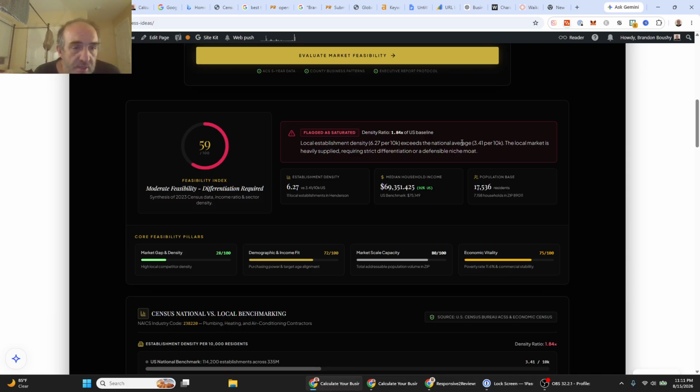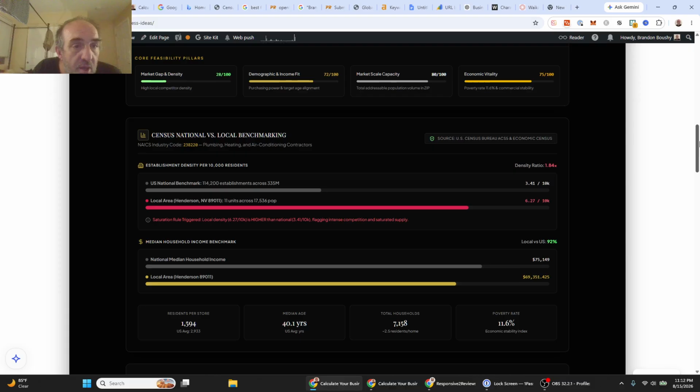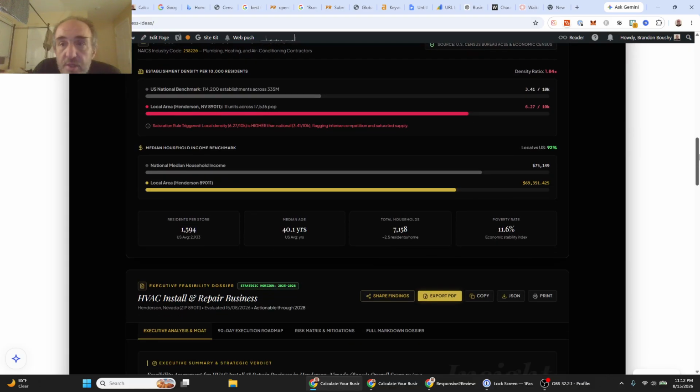And then it grades on stuff like market cap and density, which is the heavily weighted one, and it's fairly low compared to other opportunities at 28. Then if you go down, it will also show the national benchmark and where Vegas is.